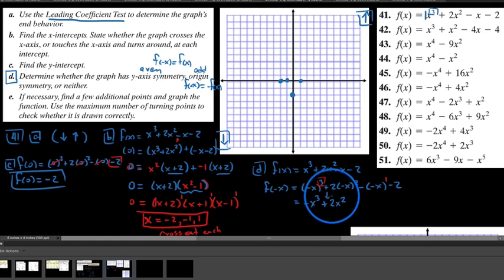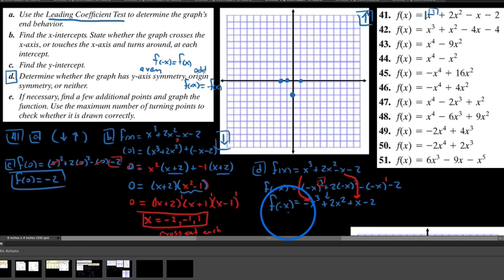This term did not change its sign. When I get this, a negative base to an odd exponent is negative, but I have a negative, which makes it a positive. I get this right here, and then my 2 is not affected. So essentially, for f of -x, we get this right here. What I want you to see is that the only terms that change their signs are the terms that have odd exponents on them.